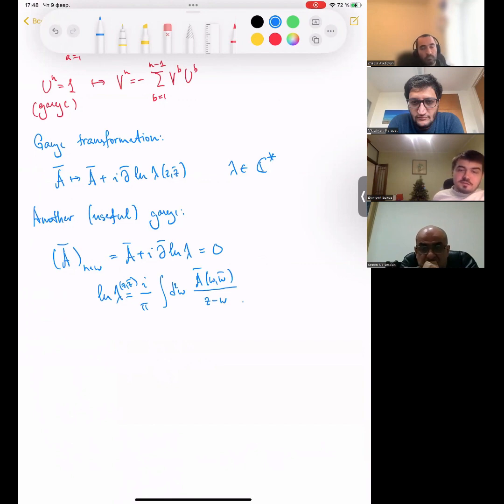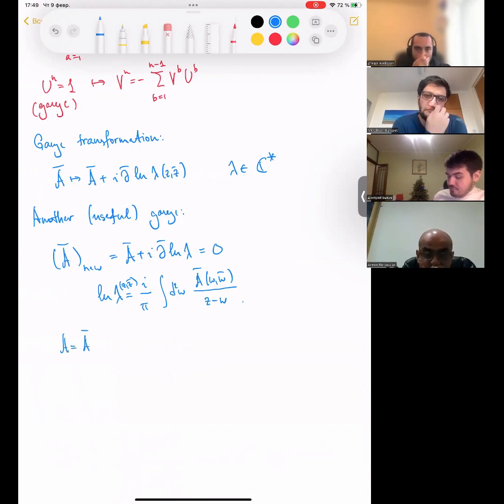Okay, so I can explicitly solve this equation and set A bar to 0. And also A. A is the complex conjugate of A bar. So the gauge is A bar equals 0.